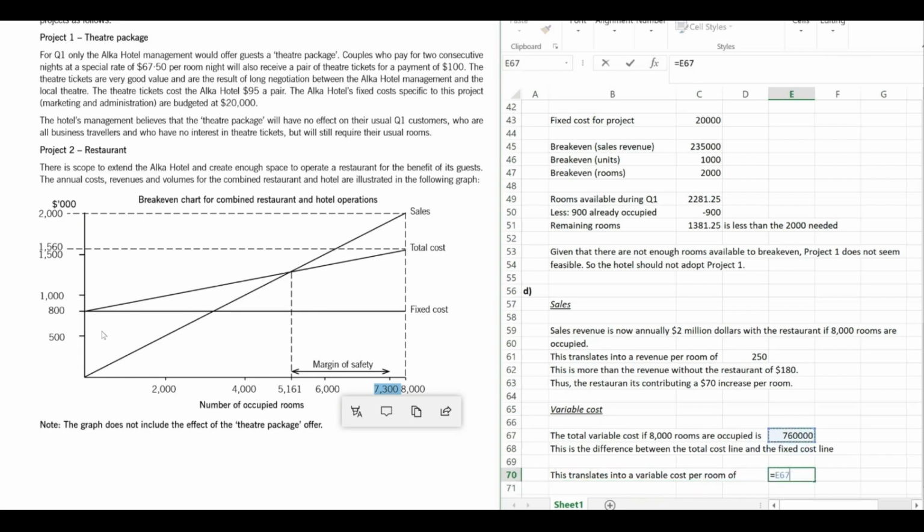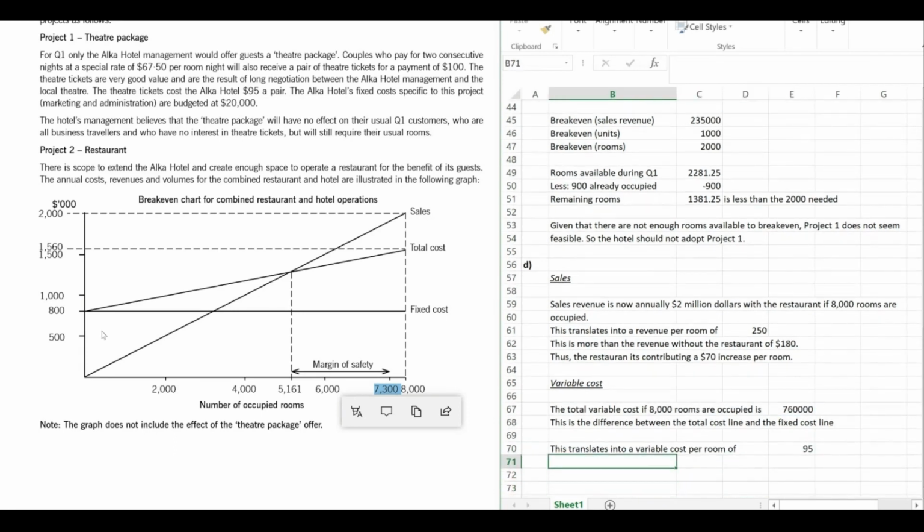This translates into a variable cost per room of how much? 760,000 over 8,000 is going to be $95. This is higher than the $60 variable cost without the restaurant.